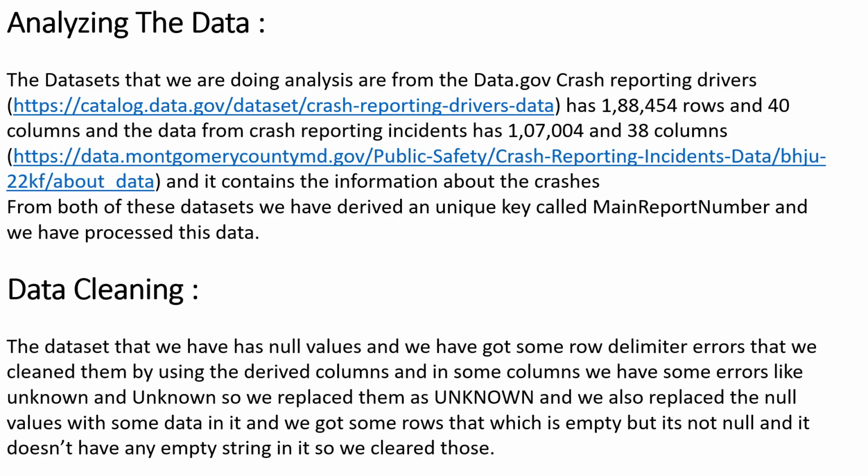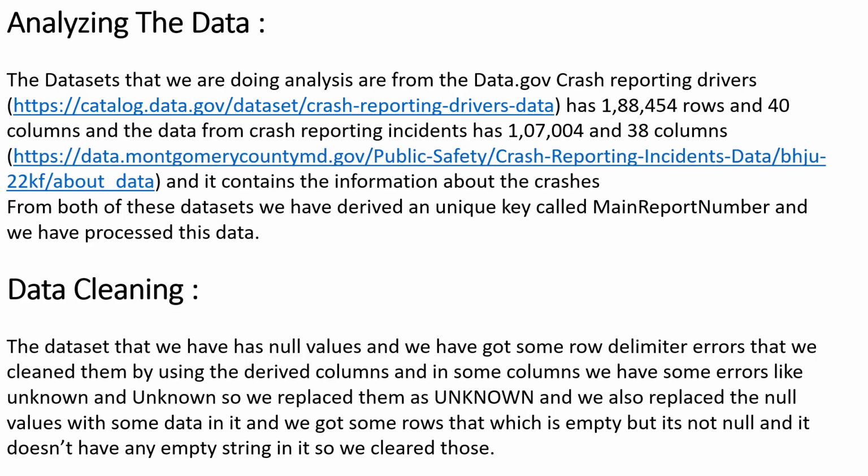Coming to the data cleaning part, we cleaned a lot of data. There were a lot of null values and empty values, and we also encountered some delimiters in the rows, such as colons and some parentheses.